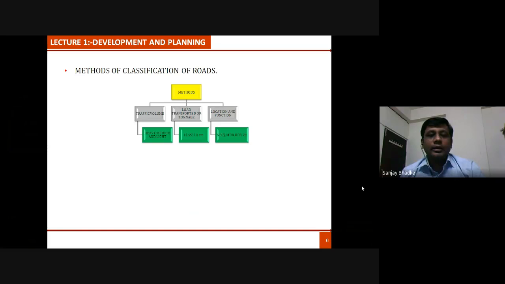Today we construct roads such as national highways and other roads with all modern materials. We are using various types of concrete, steel, and cement for the construction of this type of road.